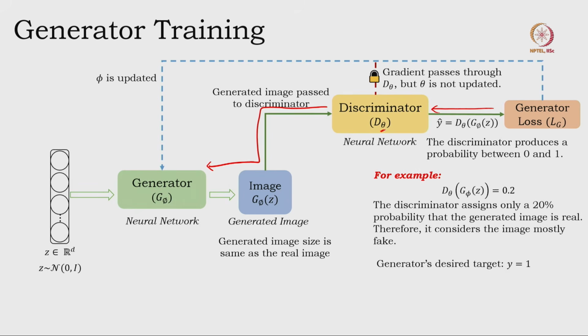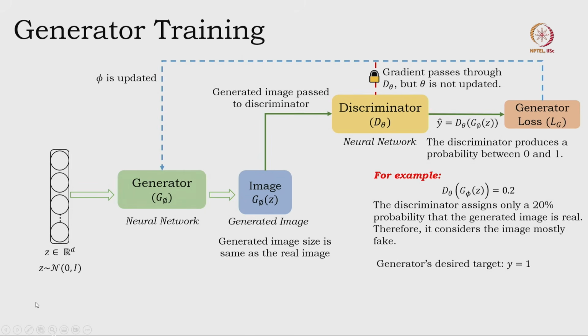Gradients will pass through the discriminator, but theta is not being updated, which means the discriminator parameters are not being updated. Here the aim is the generator, so the discriminator is frozen. Then only the generator parameters are updated. What are the parameters? It is phi. I hope the generator flow is clear to you.